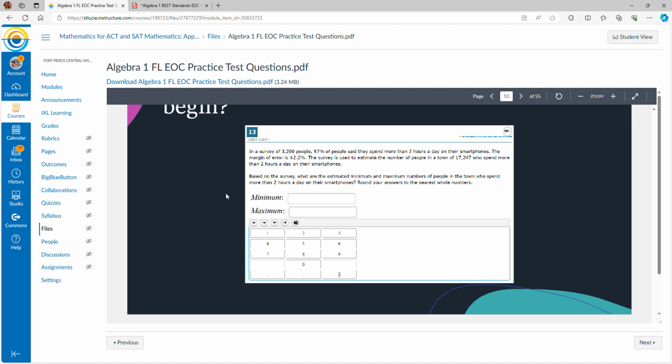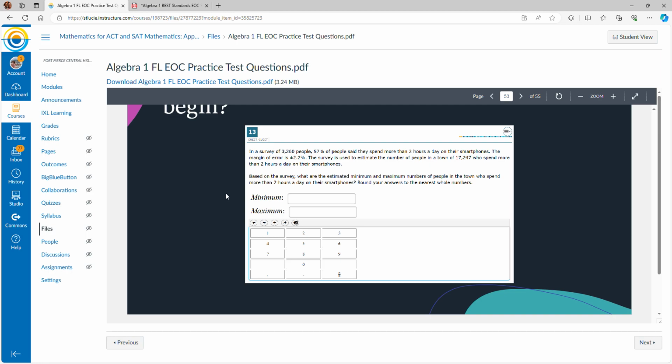The survey is used to estimate the number of people in a town of 17,247 who spend more than 2 hours a day on their smartphones. Based on the survey, what are the estimated minimum and maximum numbers of people in the town who spend more than 2 hours a day on their smartphones? Round your answers to the nearest whole numbers.